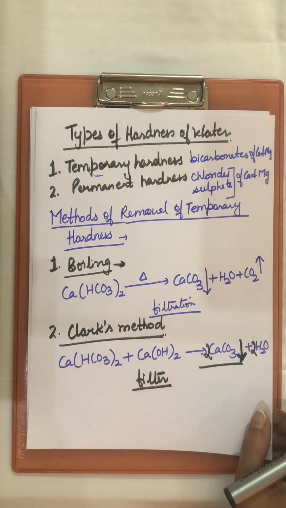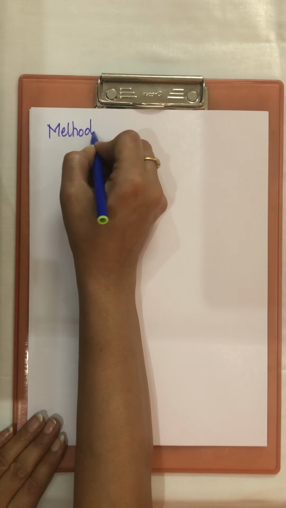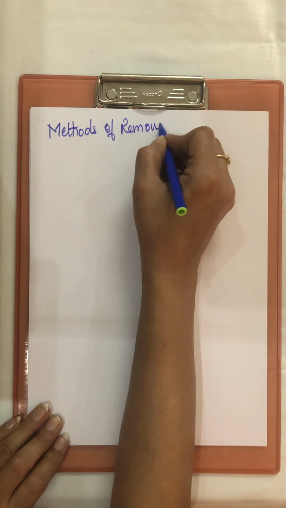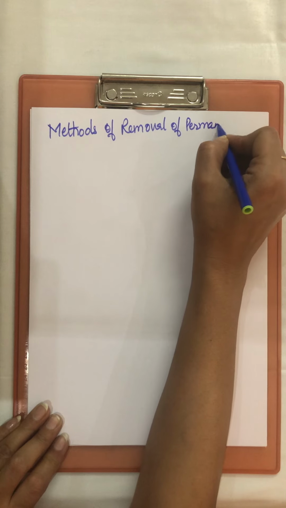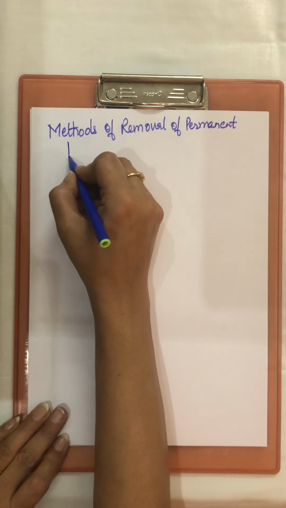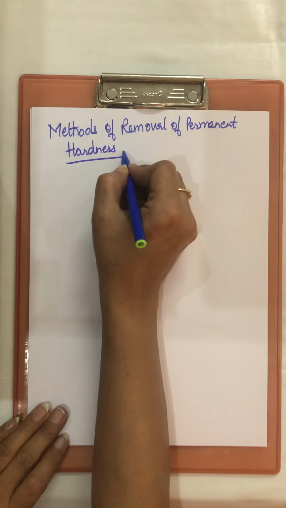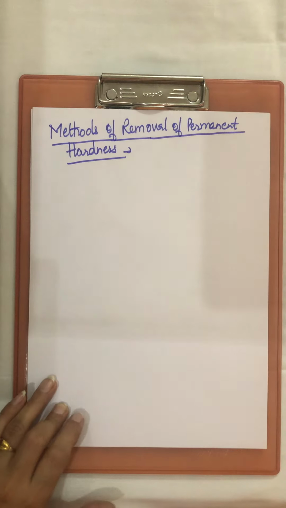After methods of removal of temporary hardness of water, our next topic is methods of removal of permanent hardness. How can permanent hardness be removed, how can we remove the chlorides and sulfates of calcium and magnesium from the water?